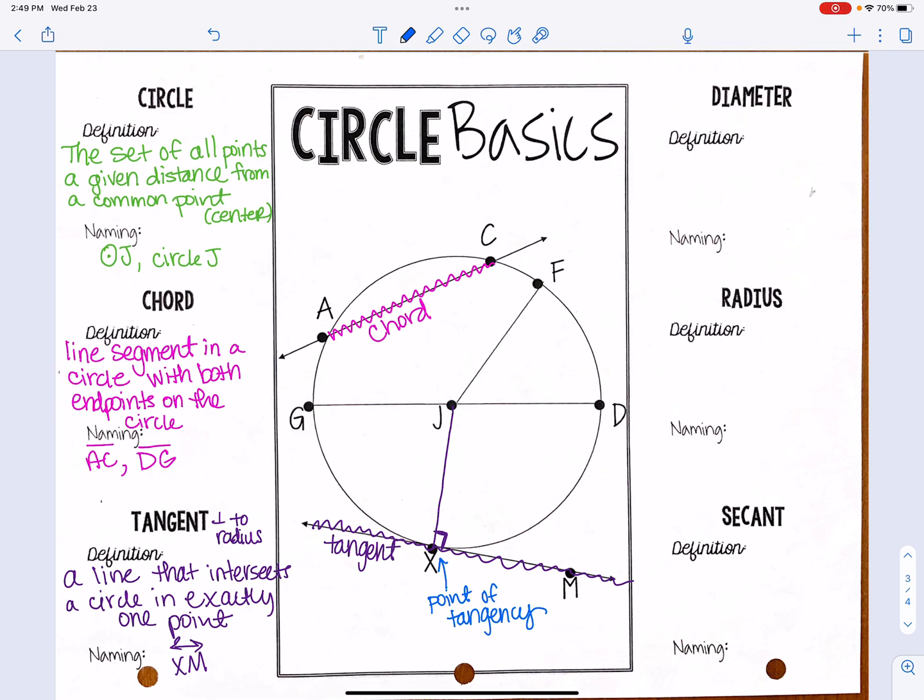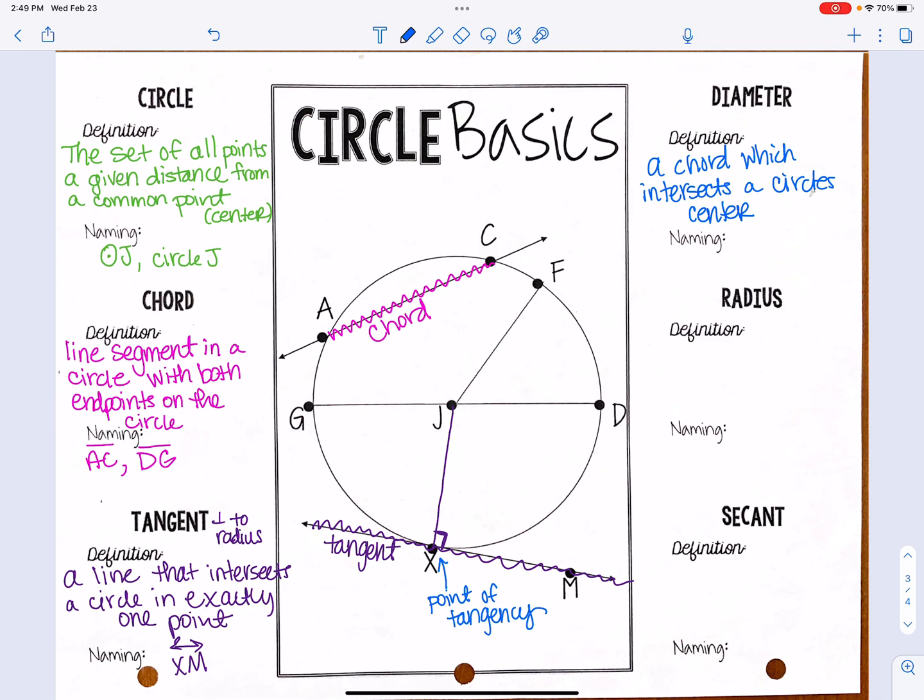Okay, I feel like we all know what a diameter is, but a diameter is a chord. So we just learned that word. The chord was the line segment, which intersects, kind of ran out of room. Let me move that down to the next line. A chord which intersects a circle's center.